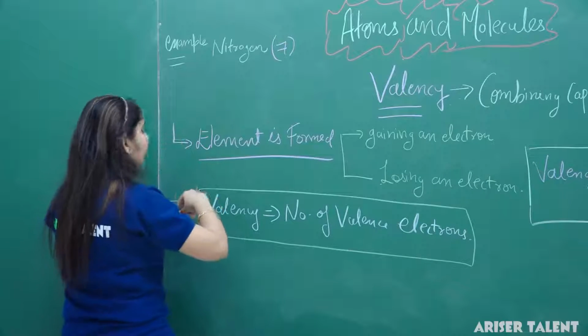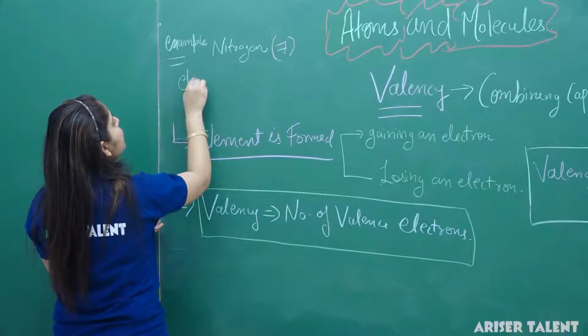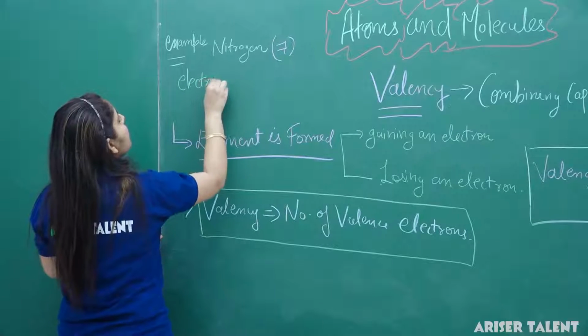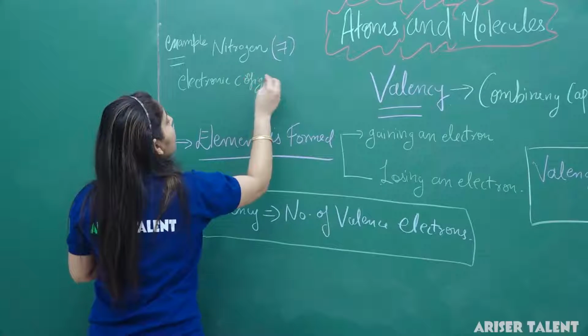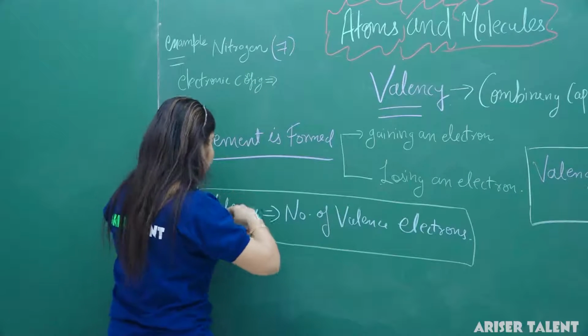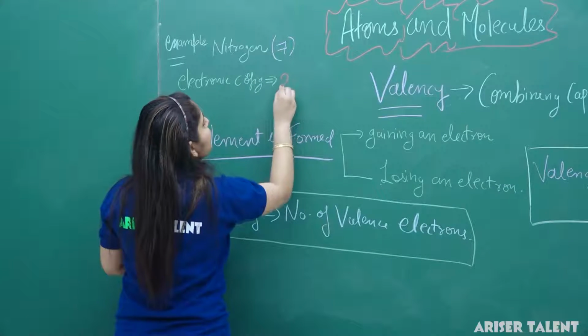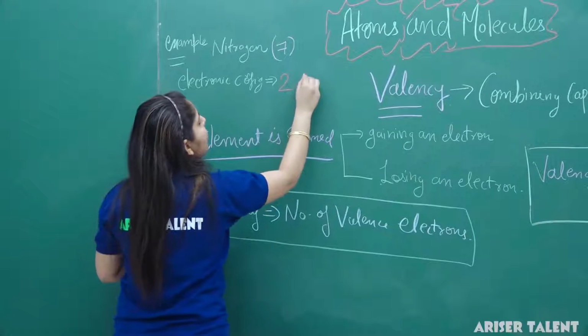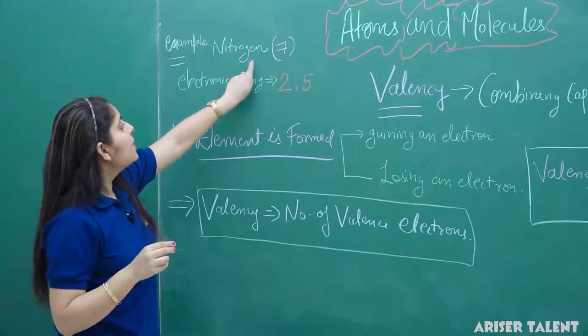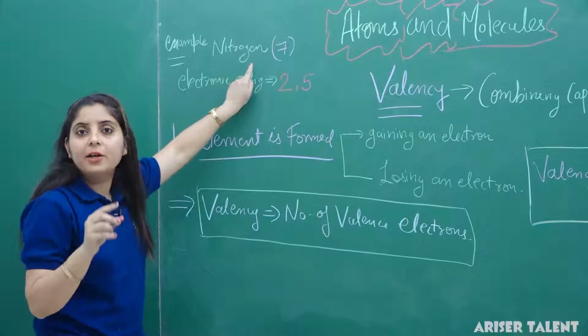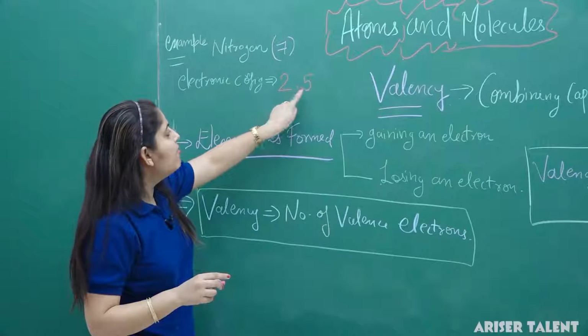If I am going to write the electronic configuration of nitrogen, I have 2 electrons in the first shell, and 5 electrons in the outermost shell. It means the electronic configuration of nitrogen is 2 and 5.